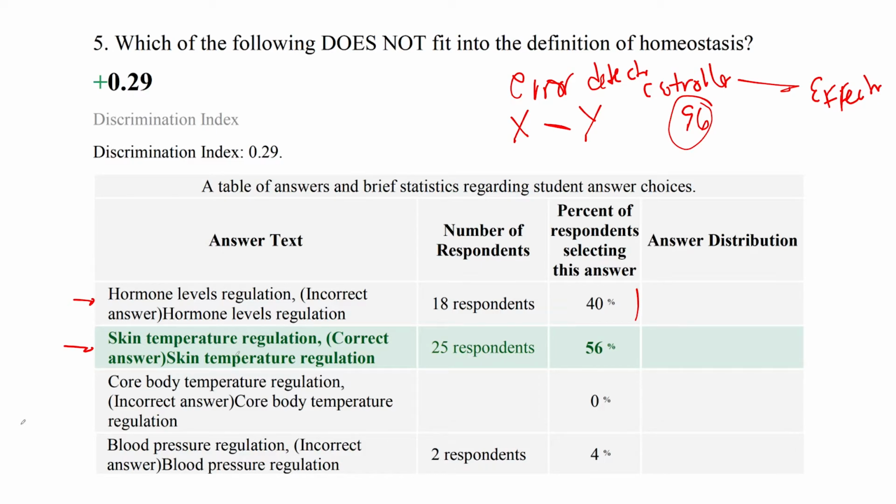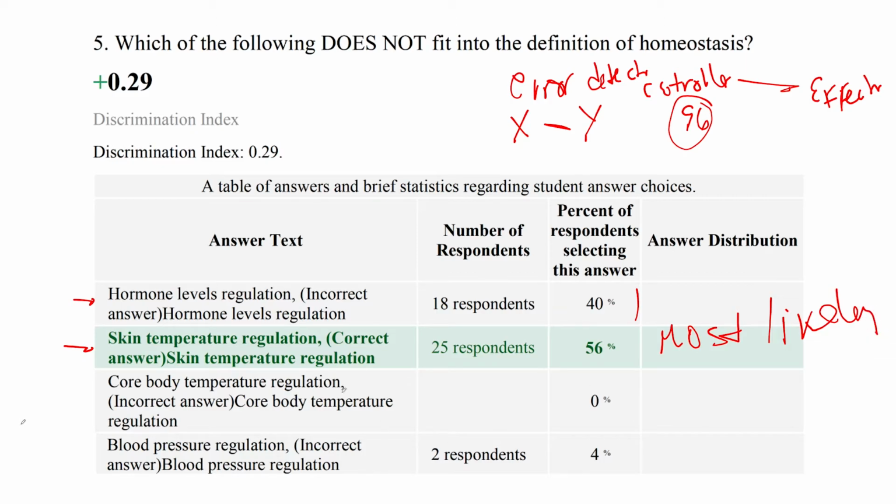This is something that our body is not monitoring. Simply, the regulated variables are core body temperature, blood pressure, pH, oxygen, CO2. You have a list of regulated variables at the end of that PowerPoint. So you have two answers that may be likely. For me, this is not likely at all, but there could be two answers that are likely. But there is always one that is the most likely.